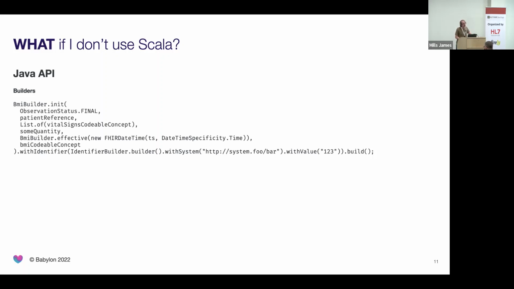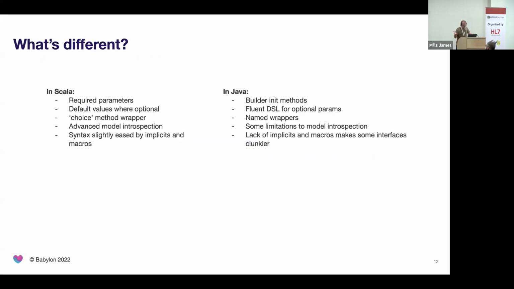That is not something you have in Java. So in order to reflect the optionality and non-optionality of parameters, we have builders with an init method that takes all the required fields, and then a fluent DSL style for setting optional fields. There are a few other differences.